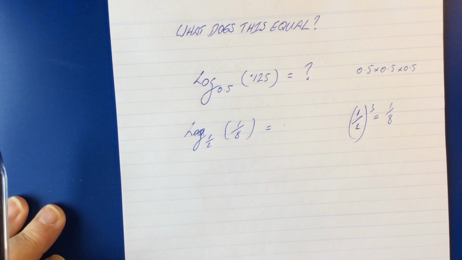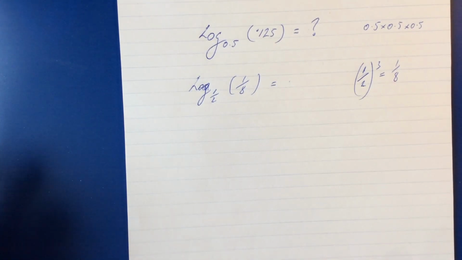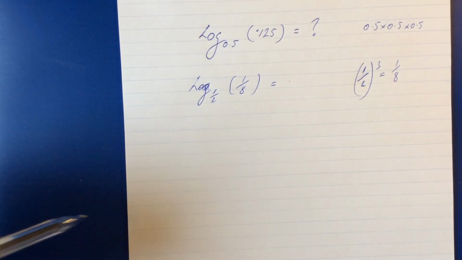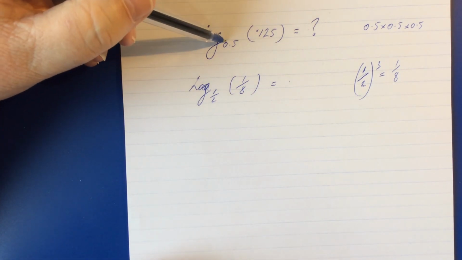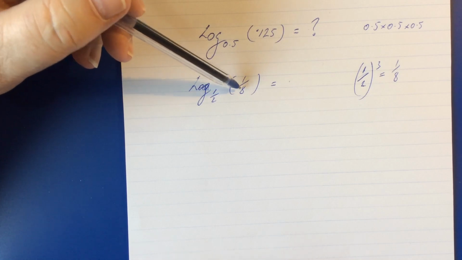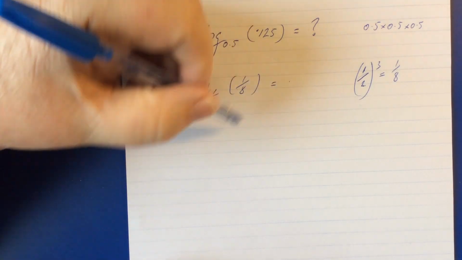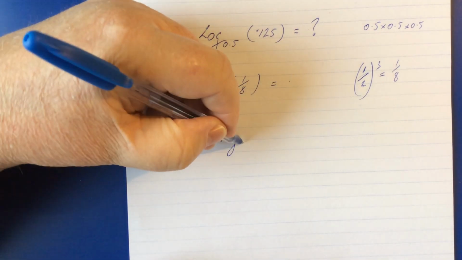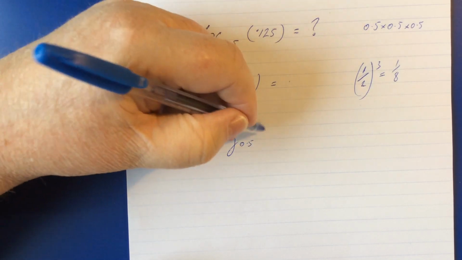Well, let's set about discovering how you resolve this. And I'll do the one up here, and then I'll just explain quickly how this would be done. So, log 0.5.